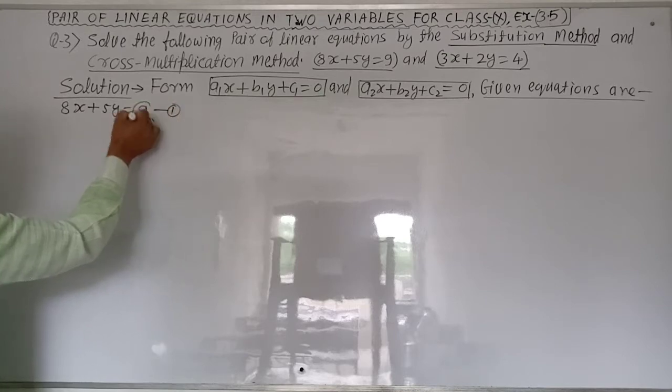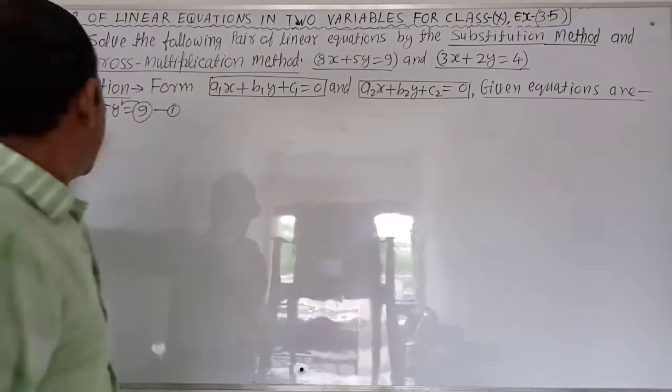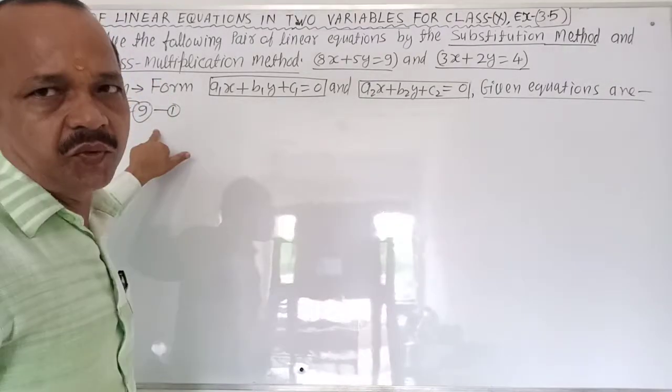Equation first. You can write here 8x plus 5y equal to 9.